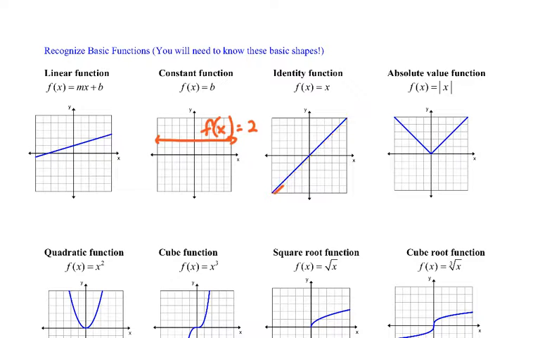Okay. We have our absolute value function, which looks like a V. Absolute value is an operator that tells you the distance from 0. So the absolute value of 6 is equal to 6. The absolute value of -6 is equal to 6.